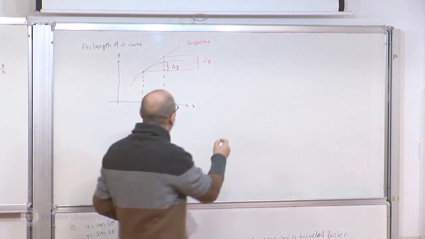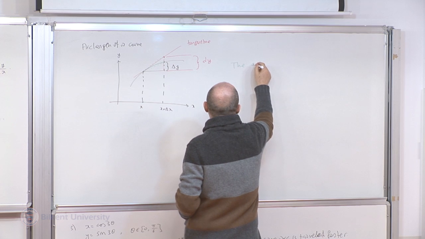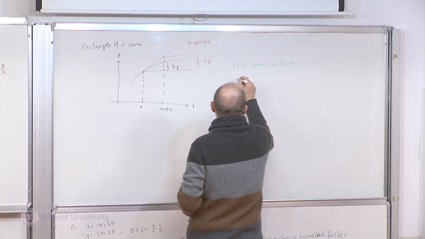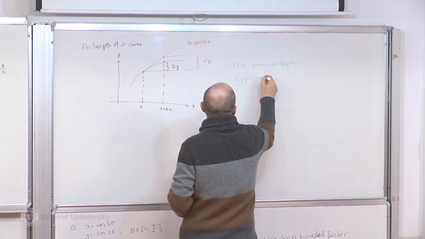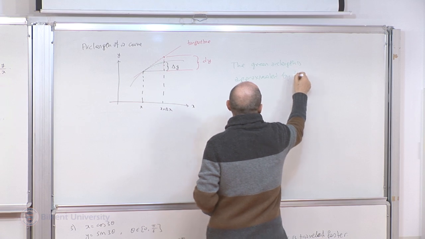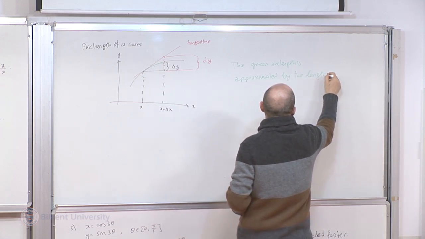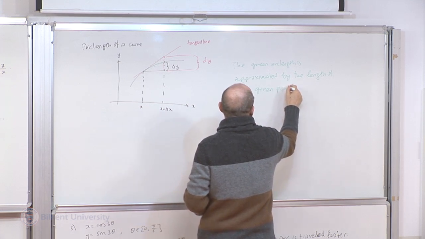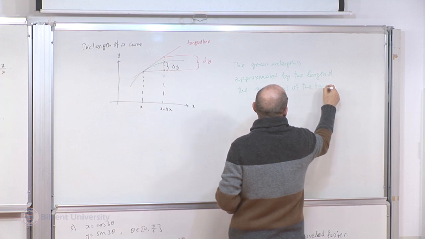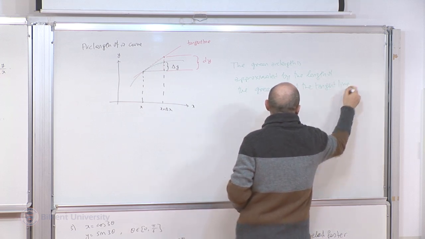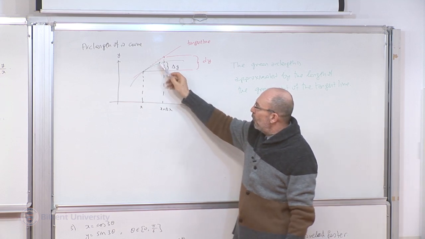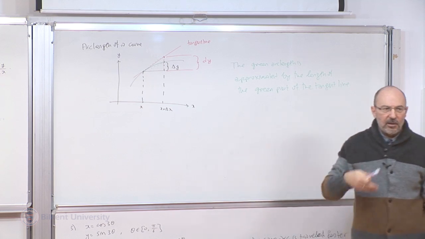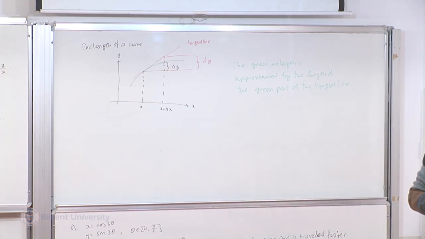Okay, so the green arc length is approximated by the length of the green part of the tangent line. Okay, so at this point, if we approximate it with this second line, we will get exactly the same formula, but then it doesn't generalize to higher dimensions.